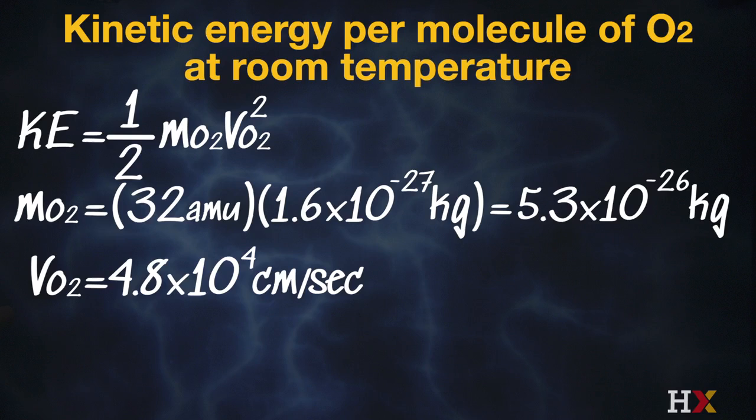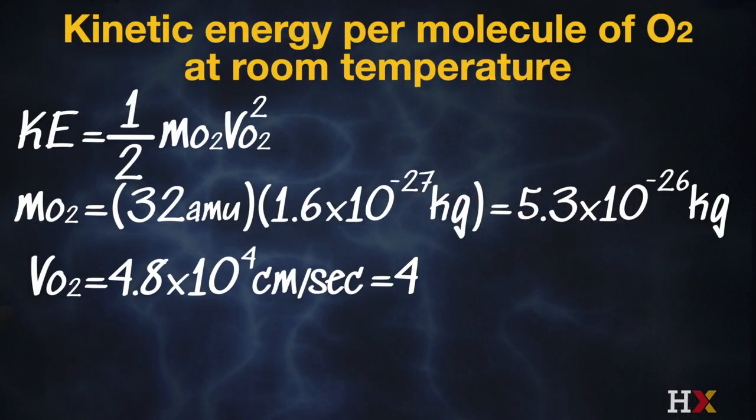And the way I remember this is it's all fours. It's essentially 4 times 10 to the 4 centimeters per second. It's very important to keep these orders of magnitude in mind, and we're going to continue to stress how important knowing those orders of magnitude are. Well, this means that it's 4.8 times 10 to the 2 meters per second.